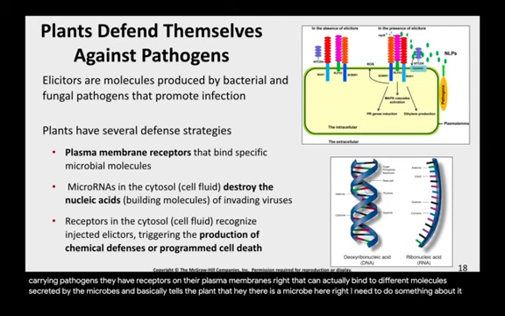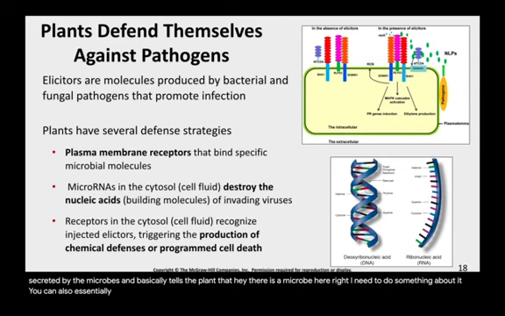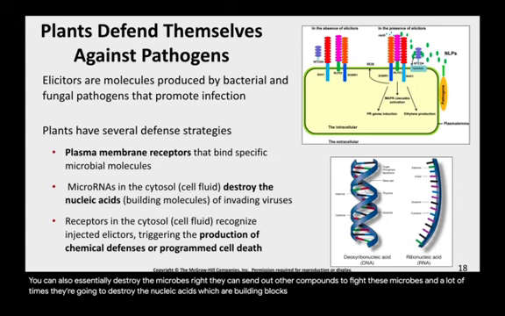They can also essentially destroy the microbes. They can send out other compounds to fight these microbes, and a lot of times they're going to destroy the nucleic acids, which are building blocks of DNA or even RNA, right? So kind of destroying the DNA of our viruses here.